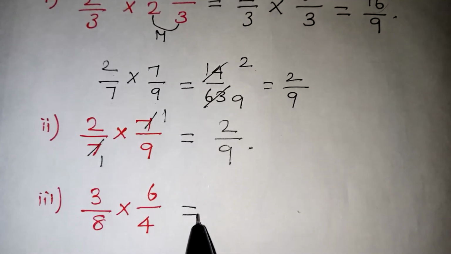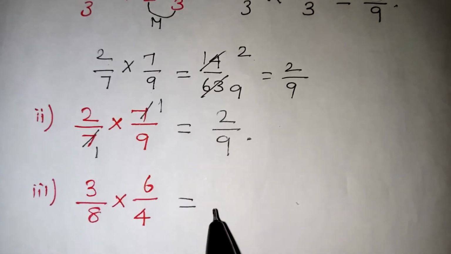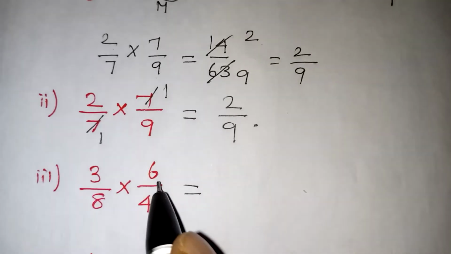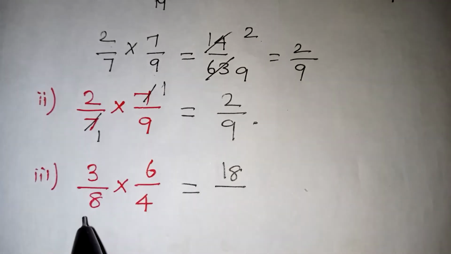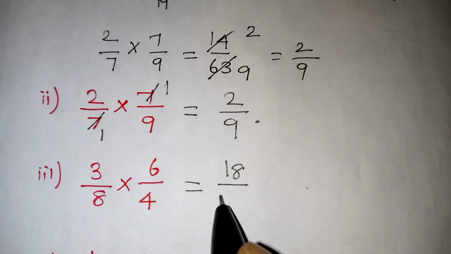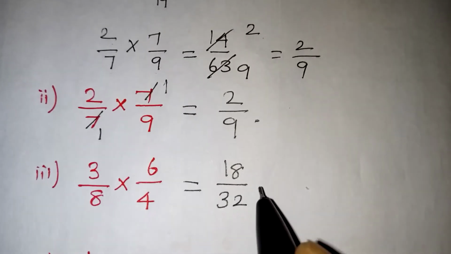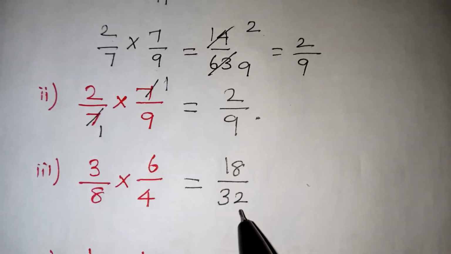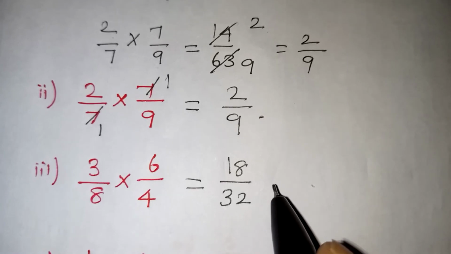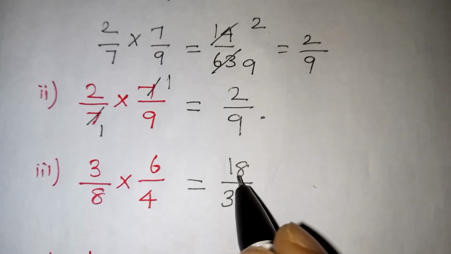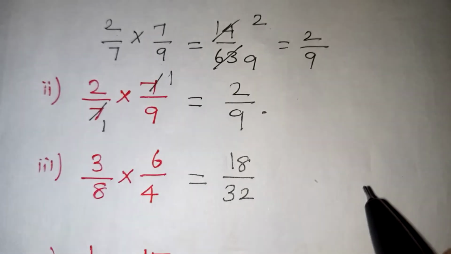Here, let us multiply, then we'll do the simplification. So 3 into 6, 3 6s are 18 and here 8 4s are 32. So here 18 and 32 will come in many tables. Now we'll go for the 2 table first. In the 2 table, 18, how many times do we have to think?